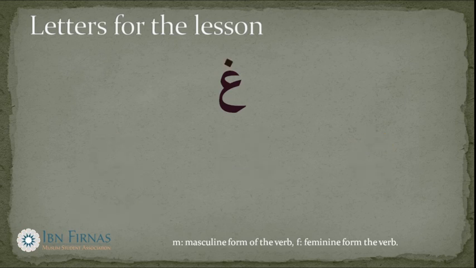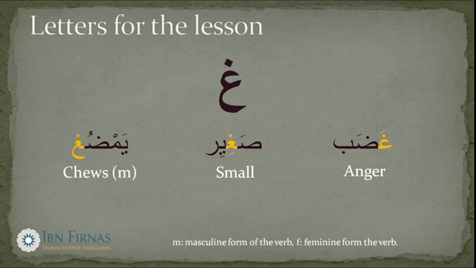And then غين, غضب, anger, صغير, small, يمضغ, chews, masculine form. Notice how for the عين and the غين, the letter changes quite a bit when it comes at the beginning or the middle of the word. It merges with the other letters.